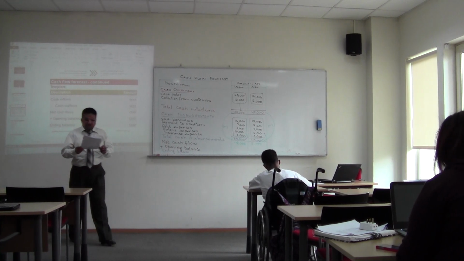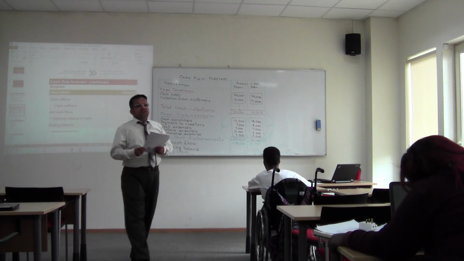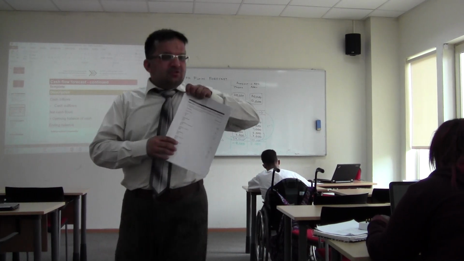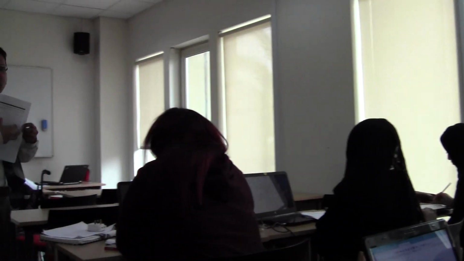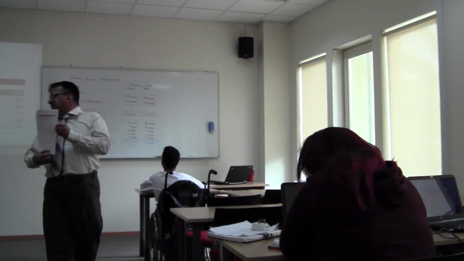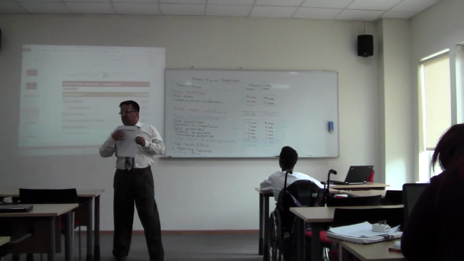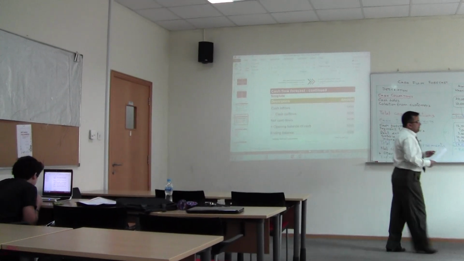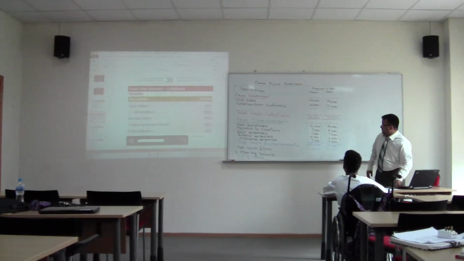If you see in the question at the top. In each and every question almost you will find it at the top or at the bottom. Sometimes it is given at the bottom of the question, sometimes at the top. This opening balance we will put here.